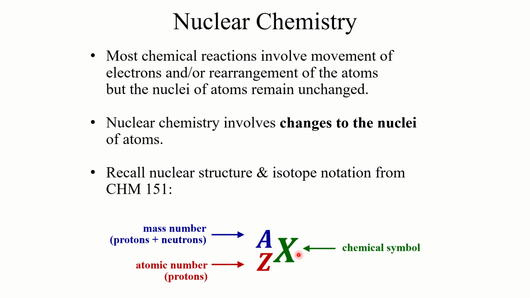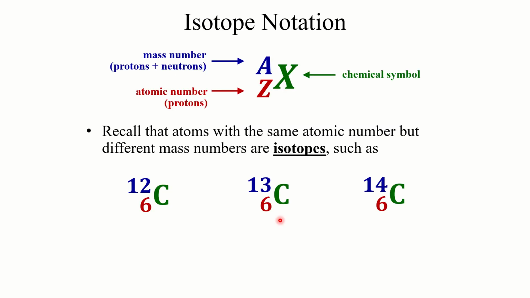We're going to be using these symbols a lot in this unit. The big green X here represents the chemical symbol from the periodic table. The red Z in the bottom left corner is the atomic number, or the number of protons. And the number in the top left is the mass number, or the number of protons plus neutrons.